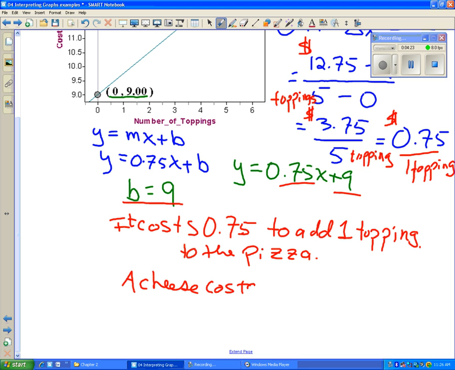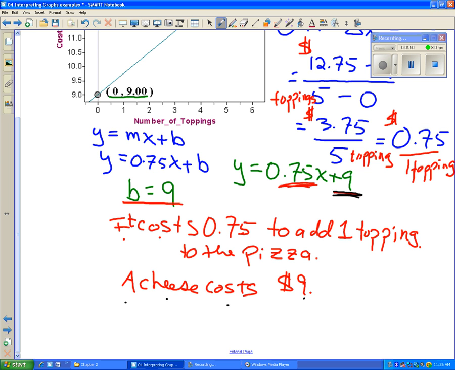So I found my slope, 75 cents, which tells me it costs 75 cents to add one topping to the pizza for each topping added. I found my y-intercept, which was given to me, which was 9, and it tells me that a cheese pizza costs $9. That's my first example. Let's try another one.